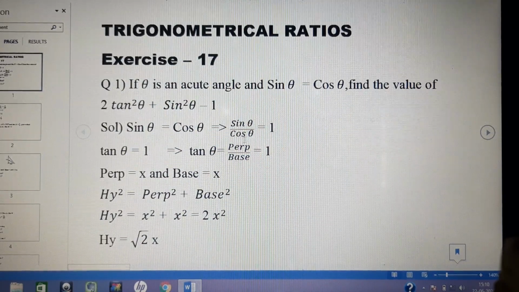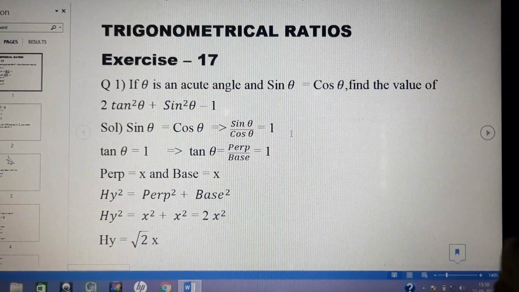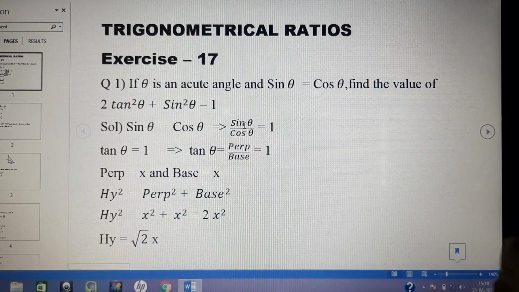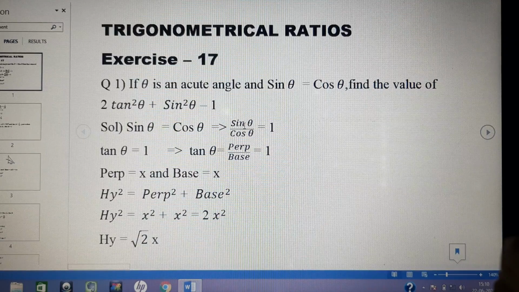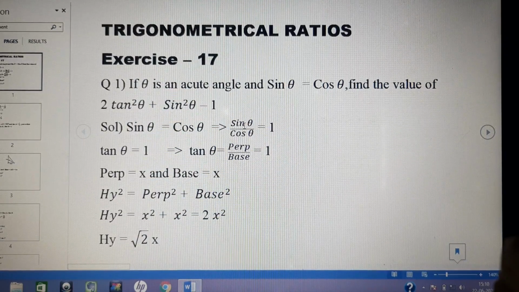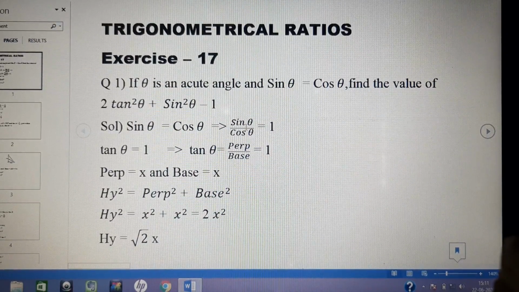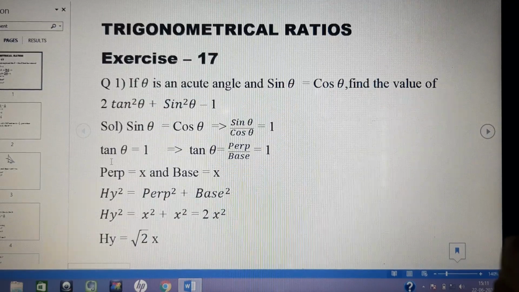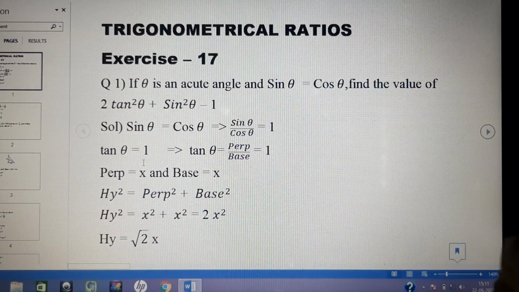Sin theta upon cos theta is equal to 1. With the quotient relation which we did, tan theta is equal to sin theta upon cos theta. So sin theta upon cos theta, collectively, will be written as 1.